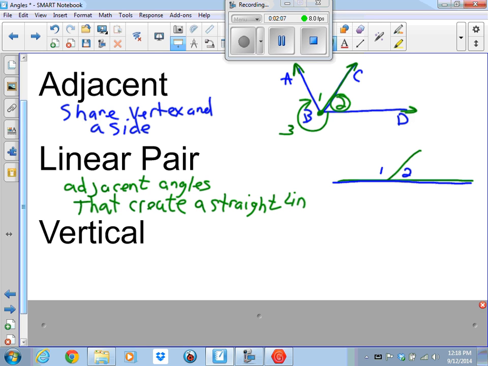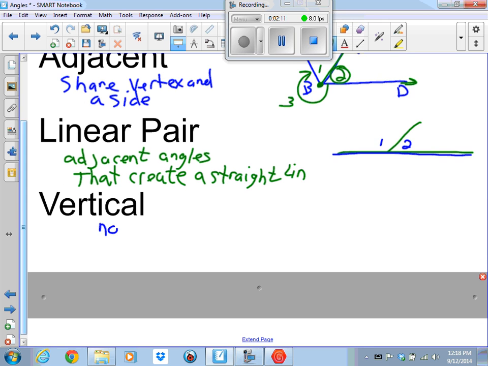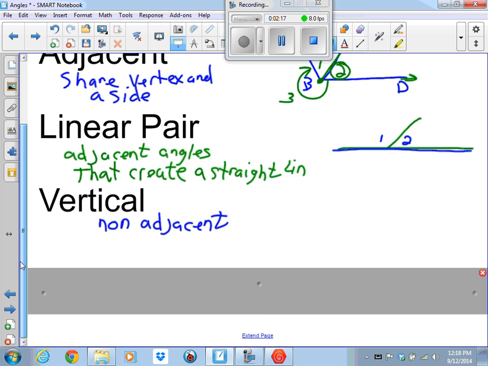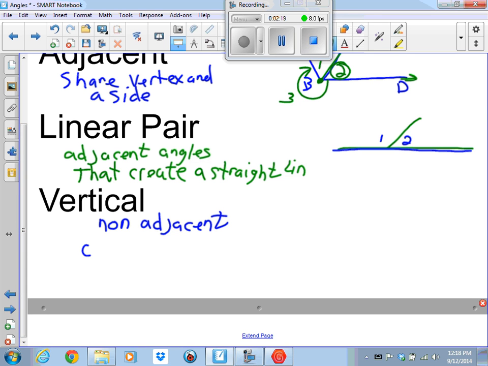All right, vertical angles are non-adjacent, and they are created from 2 lines.